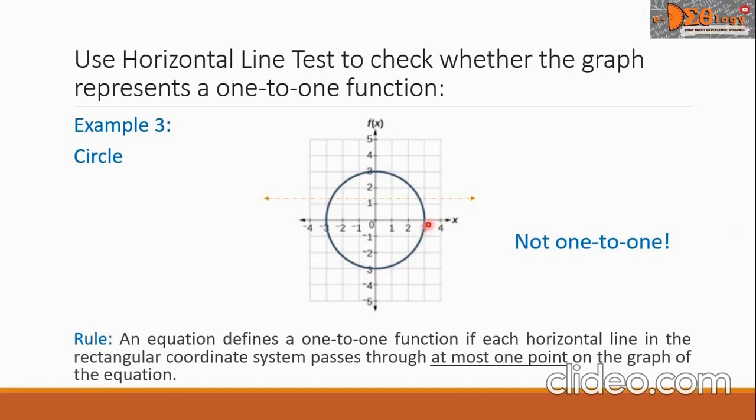Also, we can say that the circle is not a function itself, by virtue of the vertical line test that it touches the circle in 2 points. So we say that the circle is not a function itself. This is our final answer.